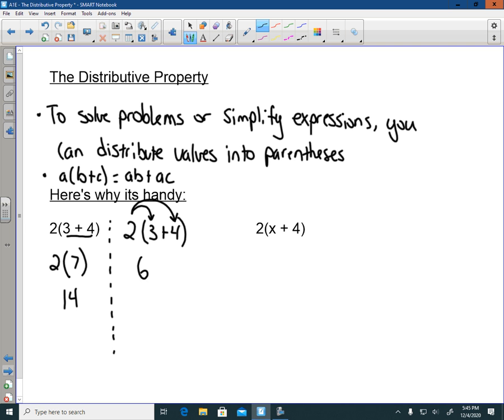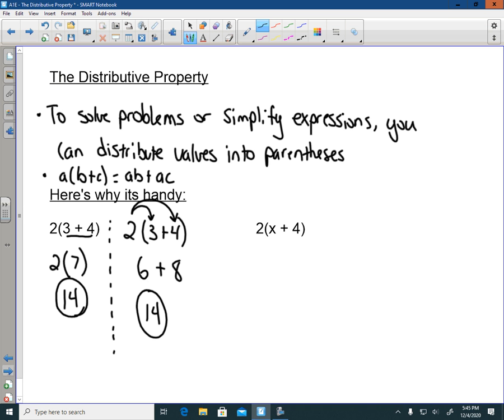Let's not forget our plus sign. 2 times 4 is 8. And now we can simplify 6 plus 8. What is 6 plus 8? 14. We got the same number in both cases, which tells us that we're essentially doing the same thing. You can solve when you have all numbers either way.